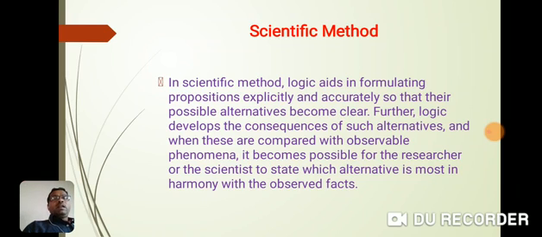Means here under scientific method, logic aids or helps in formulating the propositions explicitly, means clearly, for the possible alternatives, and further logic also develops the consequences of such alternatives, and when these are compared with observable phenomena, it becomes possible for the researcher or the scientist to state which alternative is most in harmony with the observed facts.